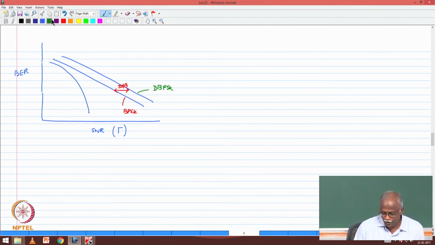Otherwise, what will happen to your BPSK? This 3 dB advantage will at some point be lost, where you will get an error floor, whereas the performance of DBPSK will continue to degrade. So, this is with practical channel estimation at high Doppler.